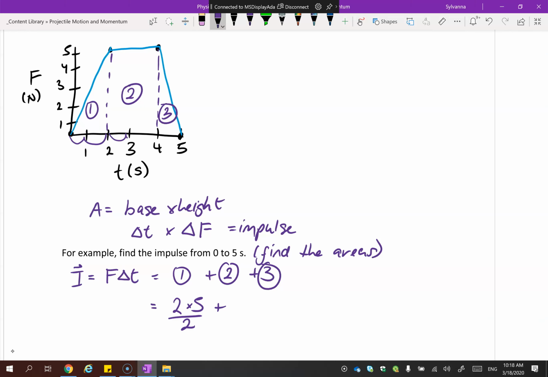This is going to be 2 times the height of this rectangle, which is 5. Then lastly, our base for our number 3 is 1. We're going to multiply by its height, which is 5. Then divide it by 2 because it's a right triangle.